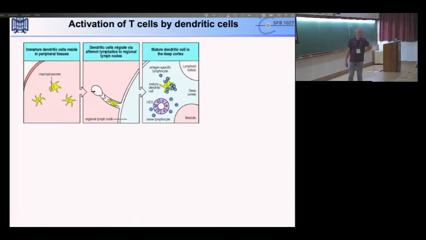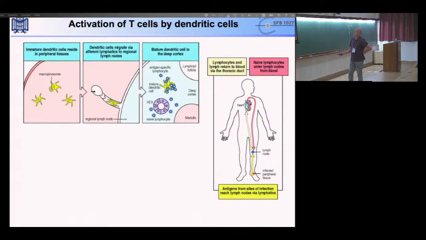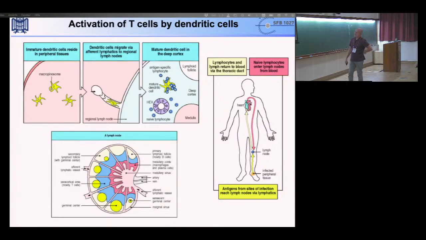They get activated, they proliferate, and then they migrate out of the lymph node and distribute, for instance via the blood vessel network, over the body and look then for the pathogen. A lymph node typically looks like this, and this is also something where dendritic cells as well as T cells have to navigate.